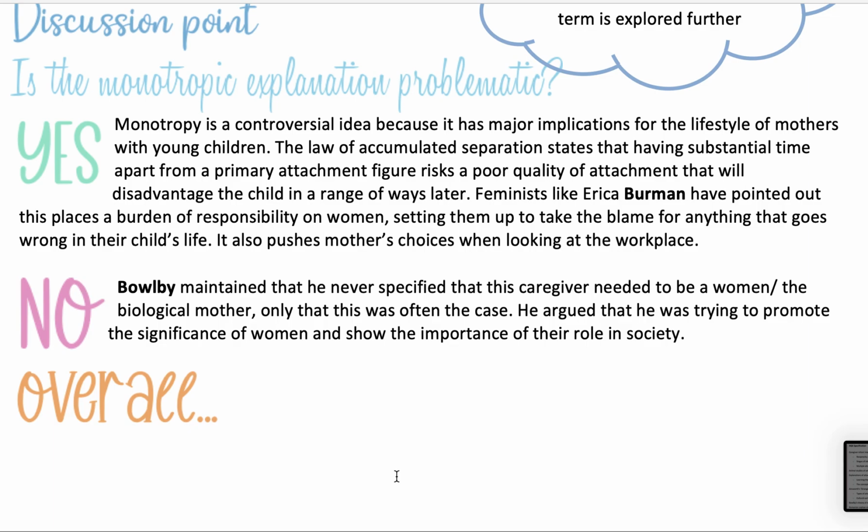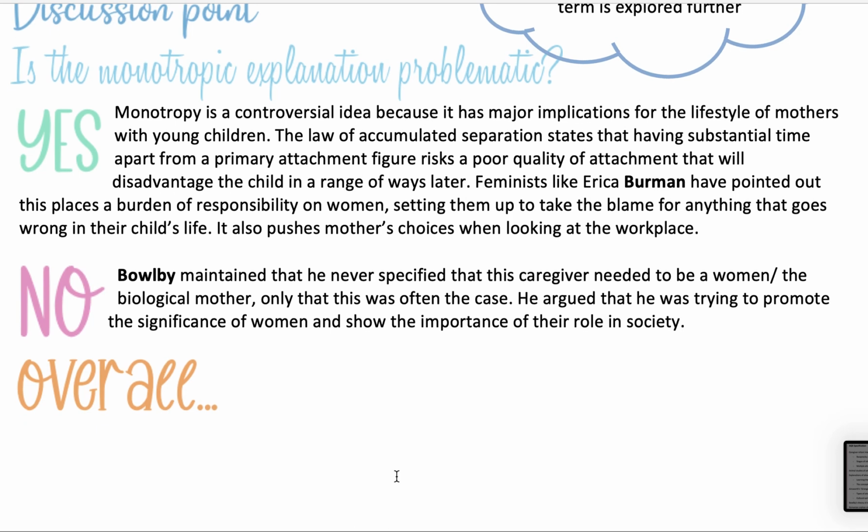And then you could say that Bowlby argued he was saying the role of women should be valued within society. So actually highlighting the significance of what women are doing. Overall, either way, it's still problematic and there's still high levels of alpha bias in this theory being put forward, because there is a definite focus on women.